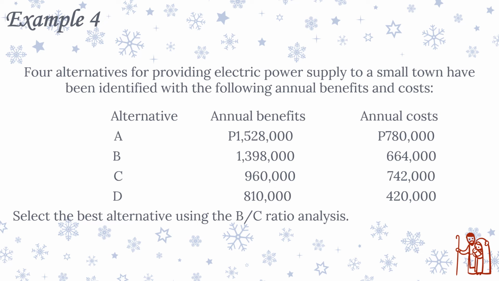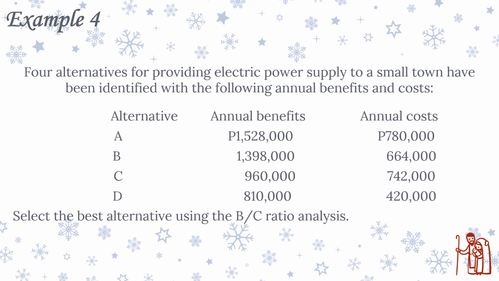Therefore, first we do A and B, and whichever is more economical of the two will prevail to be compared with C, and so on and so forth till you get the conclusion to your problem. Okay? So, same as before, get all the benefits and also the cost, subtract the two, and then see if it is greater than or less than 1.